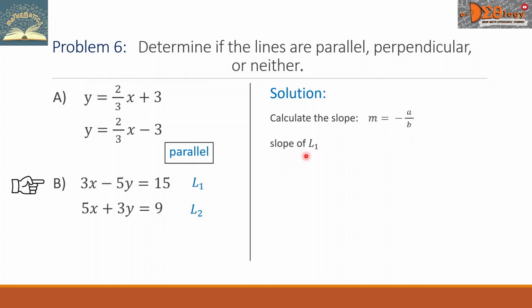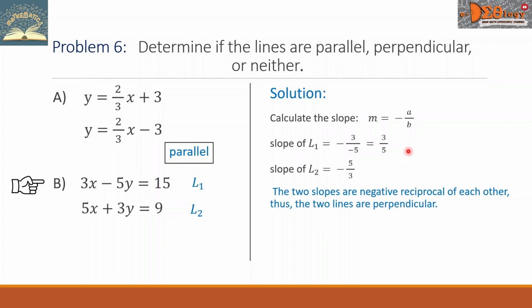For line 1, the slope is negative of a, that is 3, all over b, that is negative 5. When we simplify this, positive 3 over 5. For the slope of line 2, negative of a, that is 5, over b, which is 3. So this is negative 5 over 3.